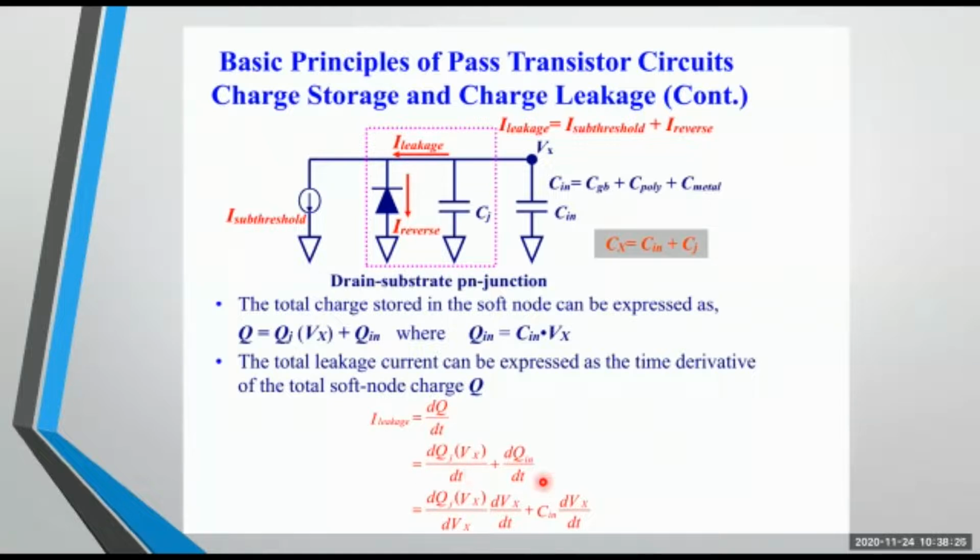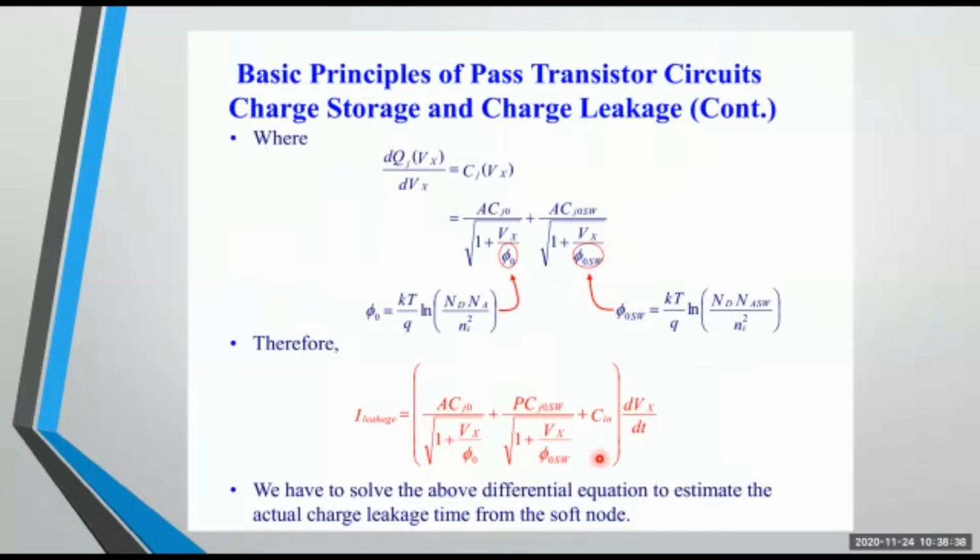If you differentiate this, ultimately you come across this particular value of the leakage current. Substituting Q and differentiating, you get the answer for I leakage. So this is the formula to find the I leakage, and we have to solve the above differential equations in order to estimate the actual leakage current from the soft nodes.